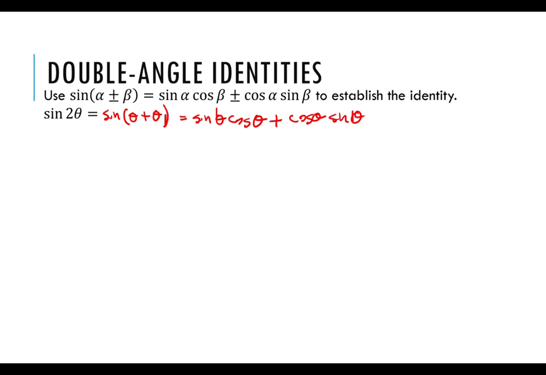Well, remember that via multiplication of real numbers, we have commutativity, and therefore I can combine like terms, and this is the exact same thing as 2 sine theta cosine theta. And so I claim that if you want a nice double angle formula for sine of 2 times theta, that's just 2 sine theta cosine theta.